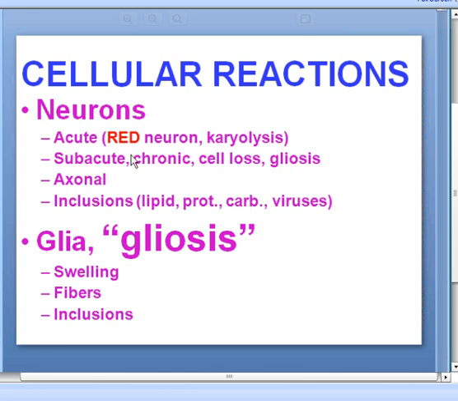Now, if you go to the 90 or so percent of the cells that support the neurons, one of the big things that happens is that there's swelling of the cells. Well, we told you that on day one. We said when a cell is injured, whether it's a glial cell or a neuron or not, it's going to take on water. It's going to lose its capability to keep sodium out.